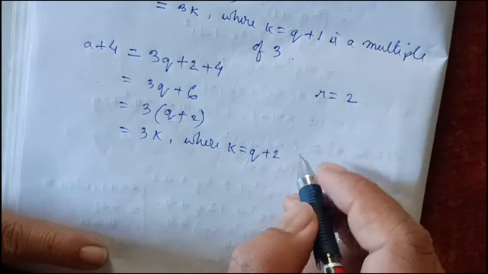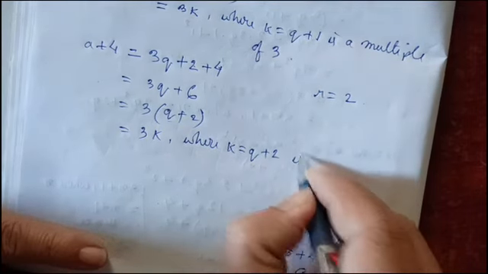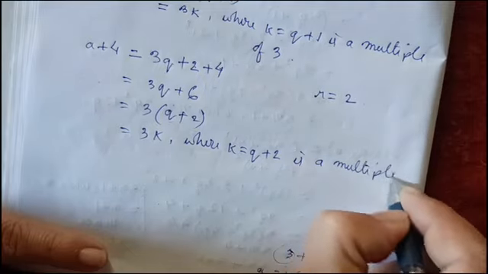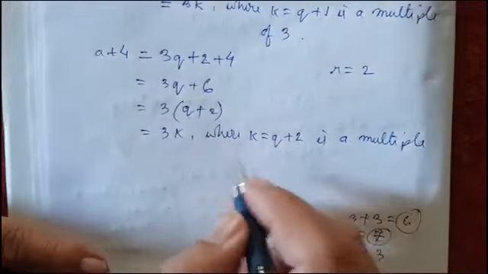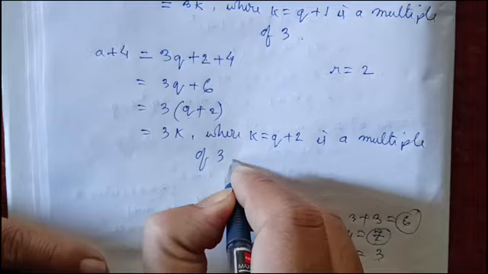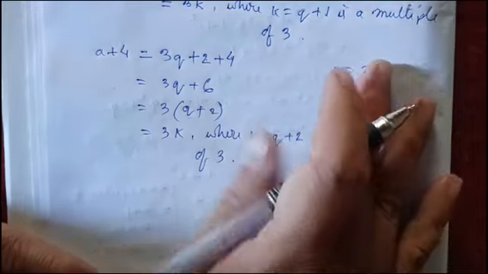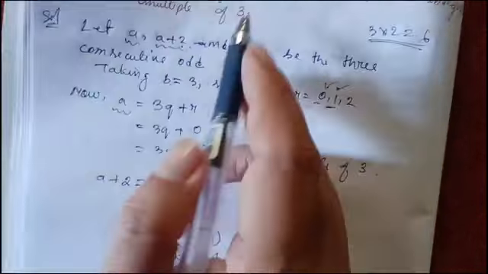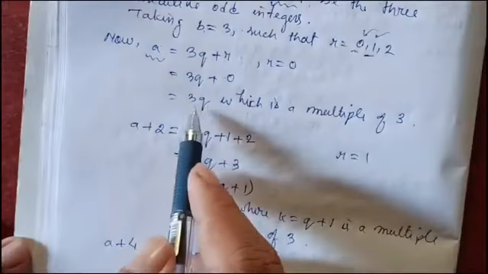You know that 3 is a multiple of 3 because 3 ones are 3. All right, so all the 3 consecutive odd numbers are multiples of 3, right?